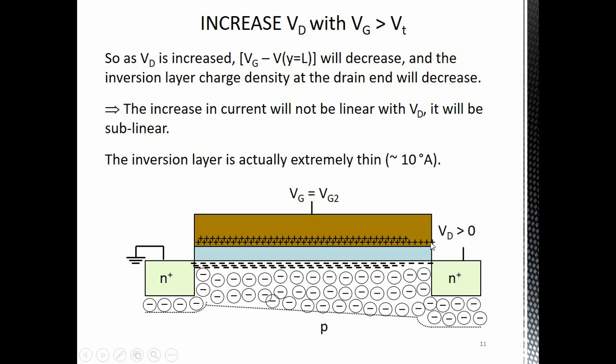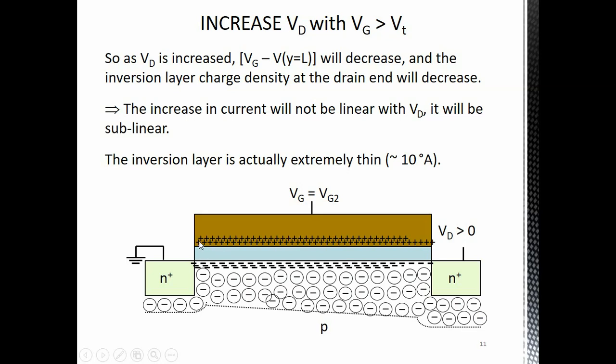So we have 0.9 volts here, and let me say this is 0.3 volts. So 0.9 minus 0.3. This potential difference is 0.6 volts.